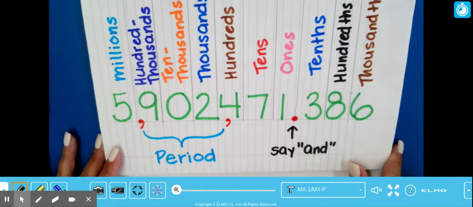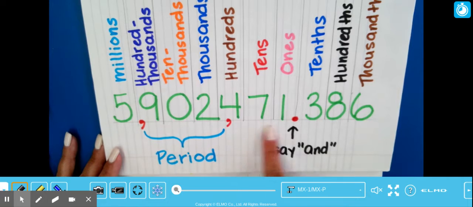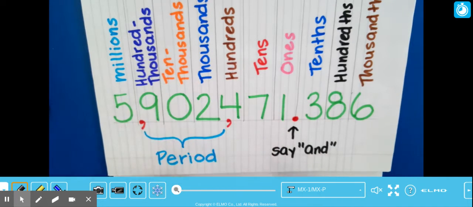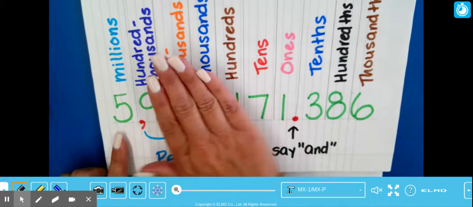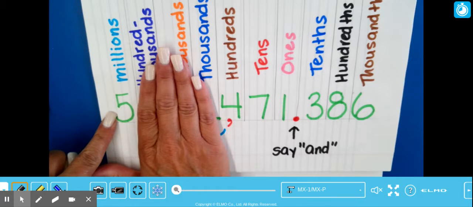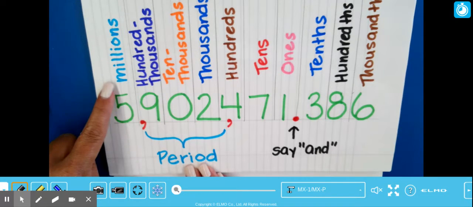We learned that when we're reading a long number like this, we would chunk it by periods. So anytime you had a comma, you can cover up everything and just read the number as is. So this would be 5. And then when you see the comma, you would say the place value that digit appears in. So million.